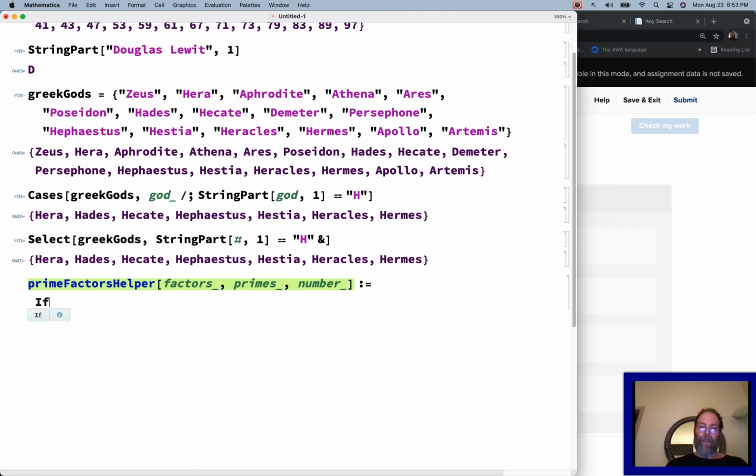Let's see, how should we do this? The algorithm is finished when primes is empty or number is 0.